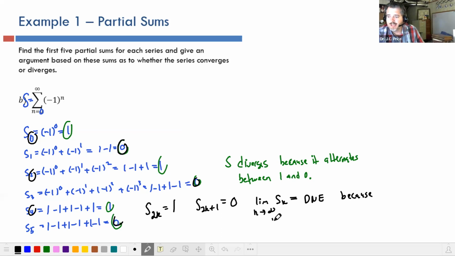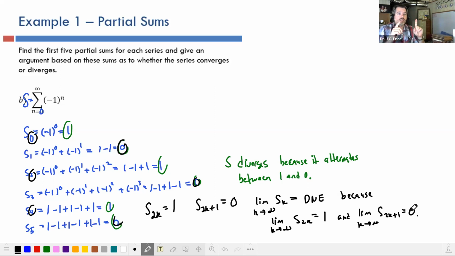So the limit as n goes to infinity of S sub n does not exist because the limit as k goes to infinity of S sub 2k, the even partial sums, is equal to 1, and the limit as k goes to infinity of S sub 2k plus 1, the odd partial sums, is equal to 0. So basically, the limit is not the same, right?